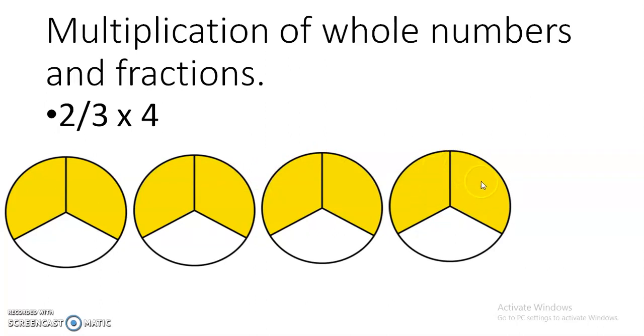So total how many colored parts do we get? 8 parts. So what will be my numerator? 8. And how many parts is this fraction divided into? 3 parts. So what do I get as my answer? 8 upon 3. So this is the diagrammatic representation of how we can multiply a fraction into a whole number.